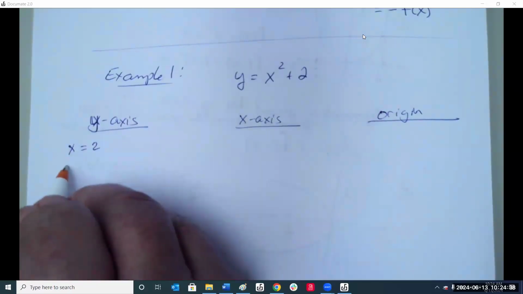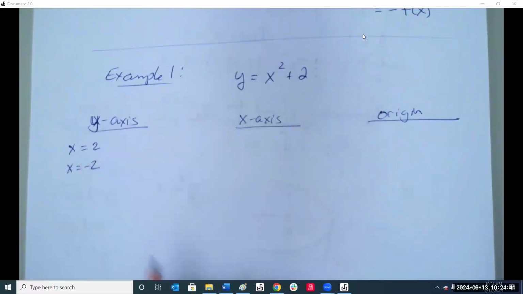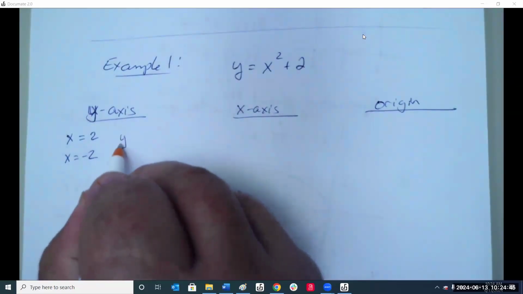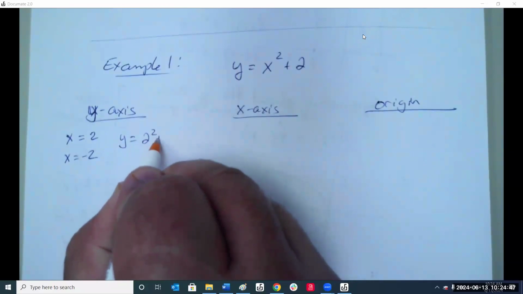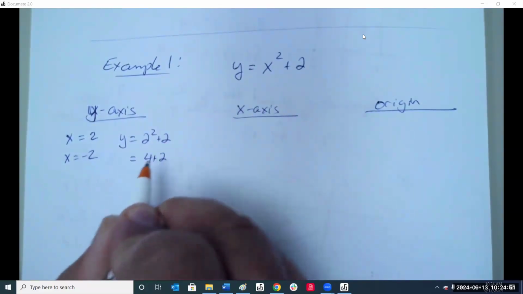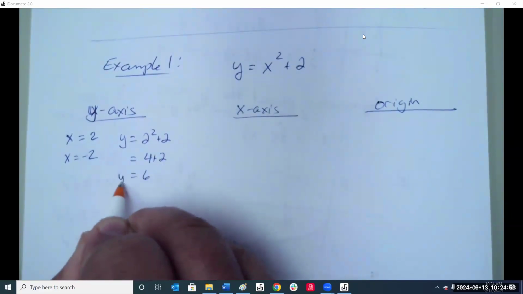This equals 2 and -2. So if we have 2 squared plus 2, 4 plus 2 is 6.